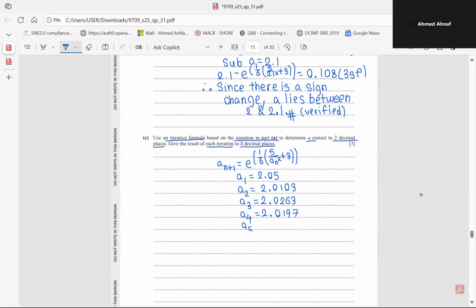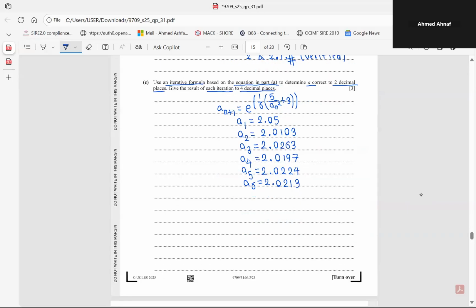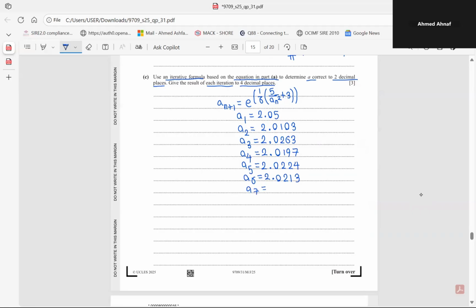Just keep on pressing the equals button on your calculator until the answer starts to be the same when you round it off to 2 dp. So the next one, we got 2.0224, followed by 2.0213, and the next one, okay, we're getting close, 2.0218.